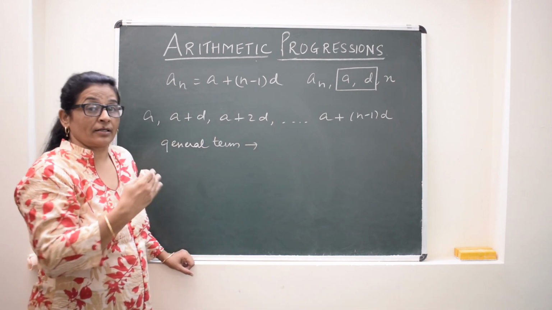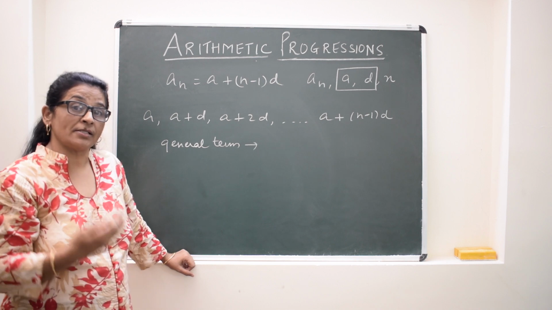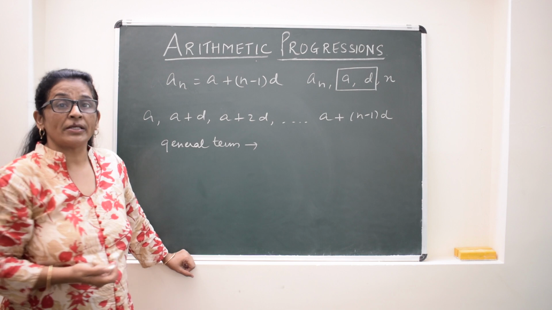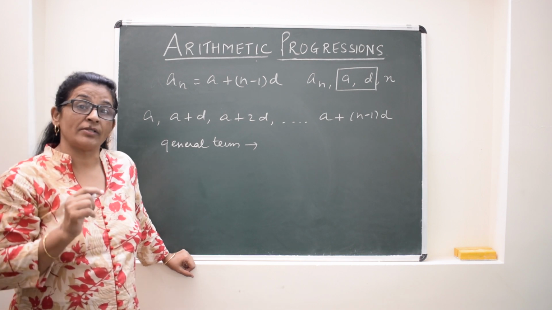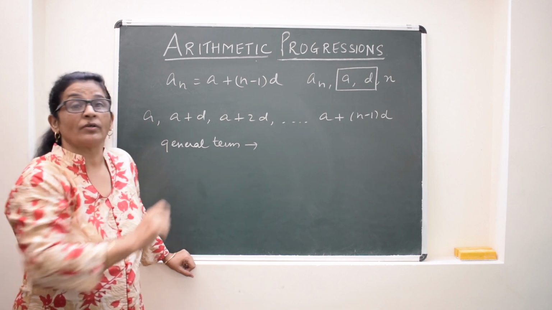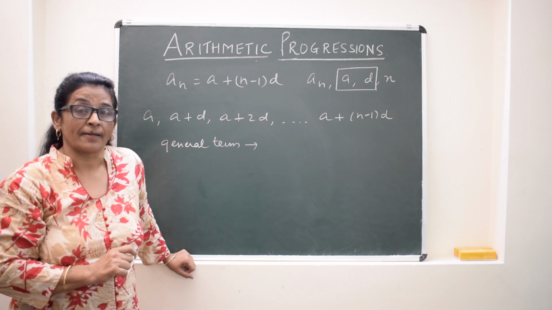Then we have to check whether this given sequence is an AP or not. So before we start doing the questions based on this, first we will check whether the given series or sequence is AP or not. That depends on one of the characteristics of this common difference D.